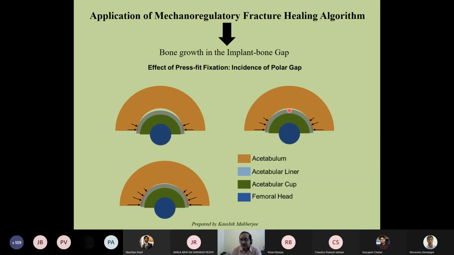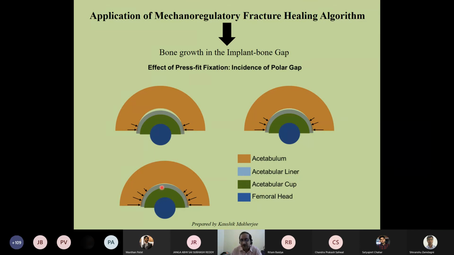So this is the acetabular bone, and there is this acetabular liner, basically the acetabular component, and then the acetabular cup. It may be a polyethylene cup, it may be a solid thing altogether, and then the femoral head. But the acetabular implant is actually the liner and the cup together.